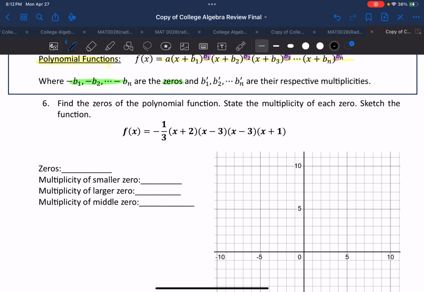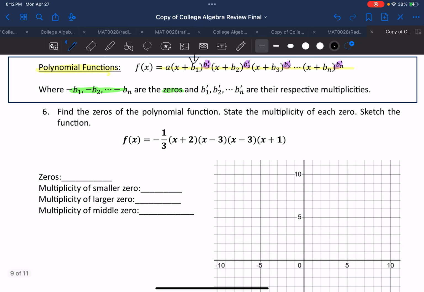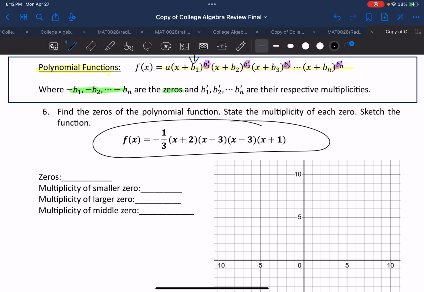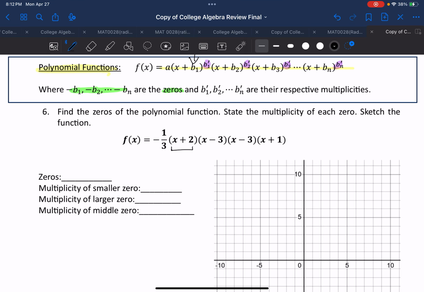Okay, so if I look at this polynomial, I'm only looking to find the zeros of this example here. I'm looking for what makes these factors here equal to 0. I don't care about this coefficient here. That's not a part of one of my factors that will make it 0.